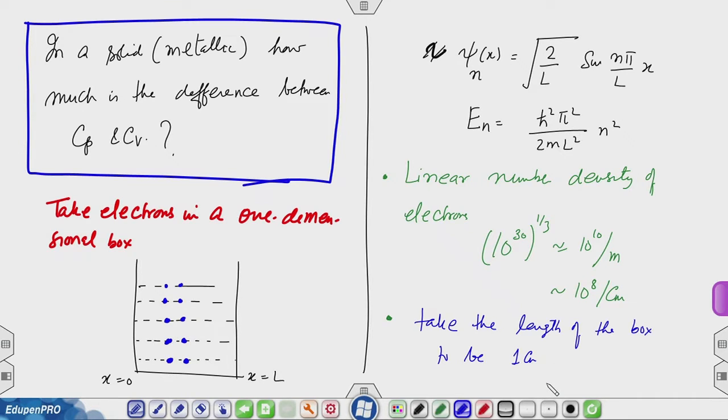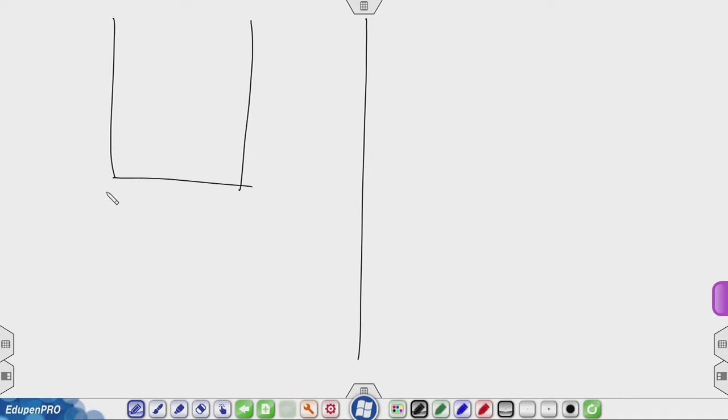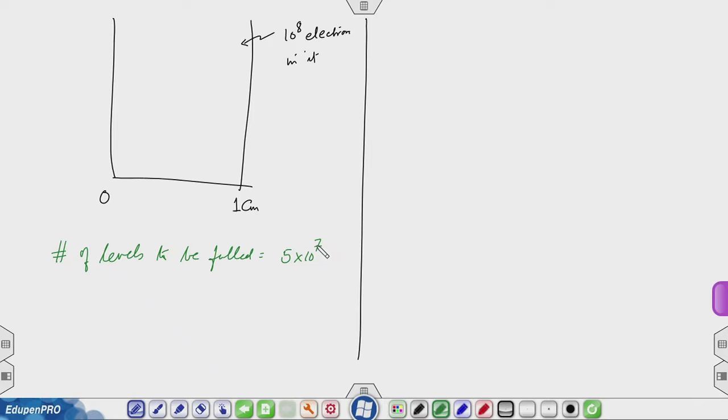So, the picture I am developing is that I have this box of length 1 centimeter and there are 10 raised to 8 electrons in it. And since each level fills 2 electrons, the number of levels to be filled is equal to 5 times 10 raised to 7 levels. I am filling that many levels.